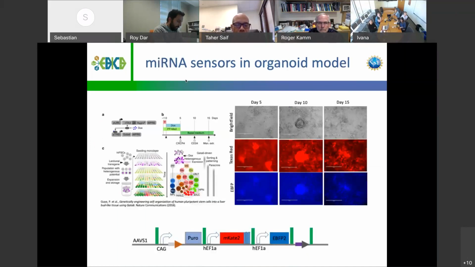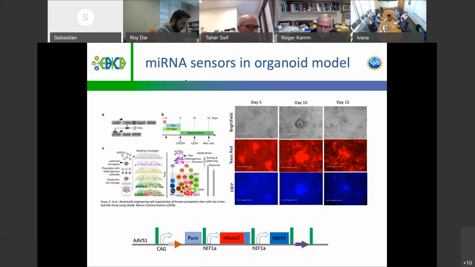We also used the GATA6 platform that I just mentioned to test the stability of our sensor. We infected the stem cells that had the microRNA sensor engineered in their genome with two viruses, both of which help us engineer the pulse of GATA6 expression that I discussed at the beginning.